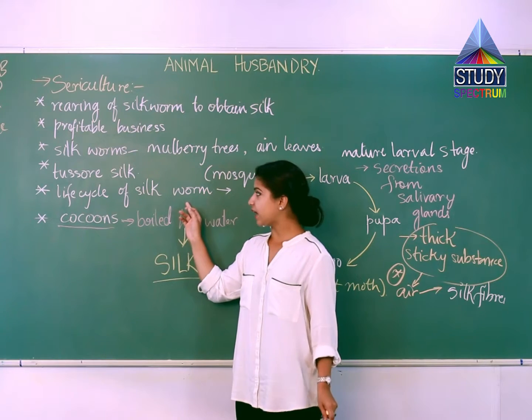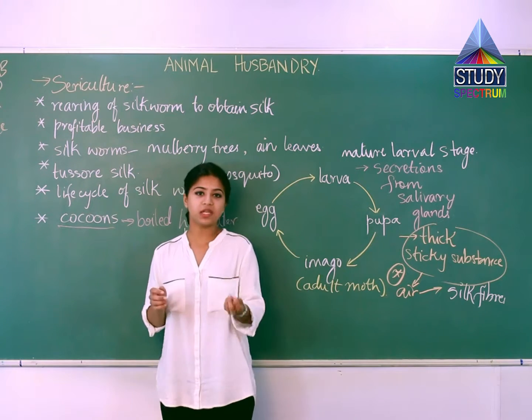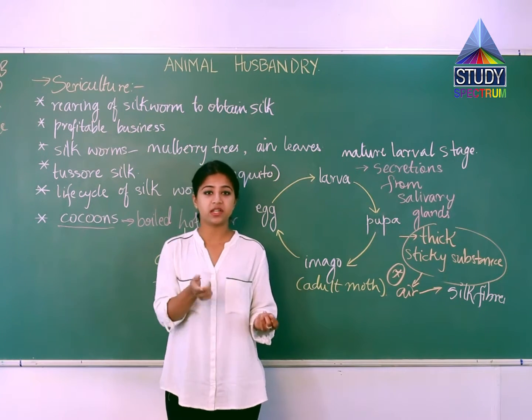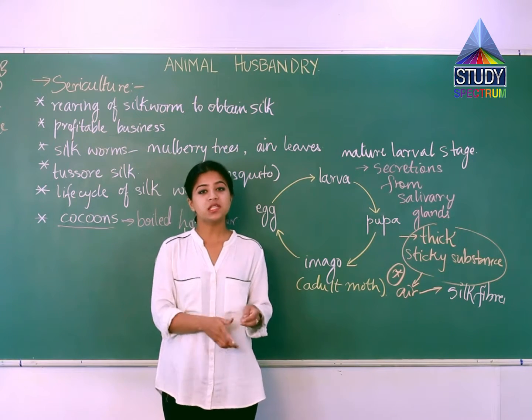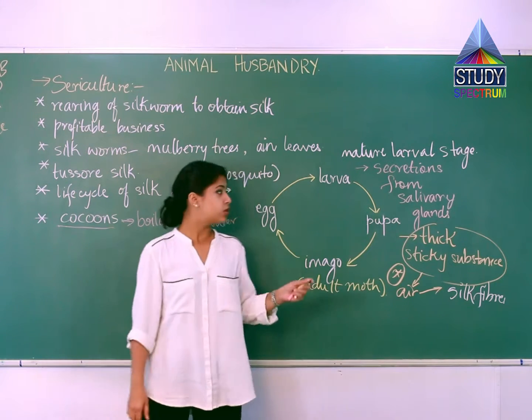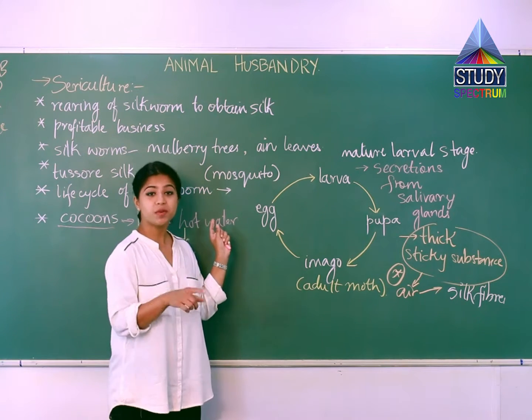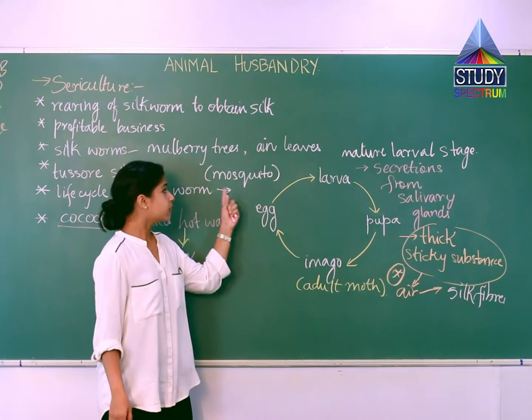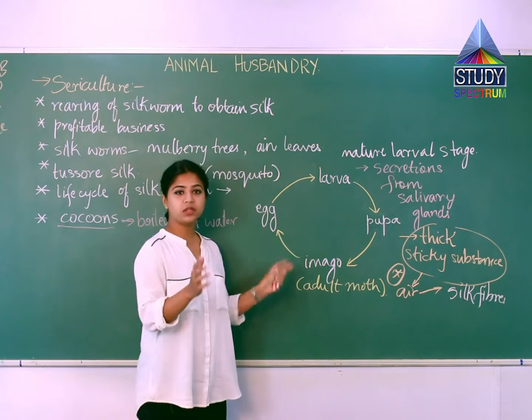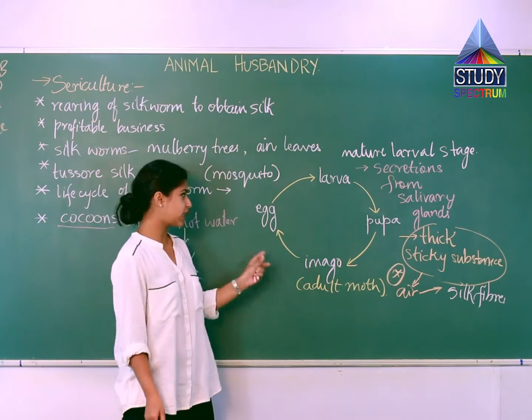What is the life cycle of a silkworm? We need to understand at what stage these secretions are being made, since it's an organic product. The life cycle of the silkworm is similar to that of the mosquito. It starts with the mother laying eggs.